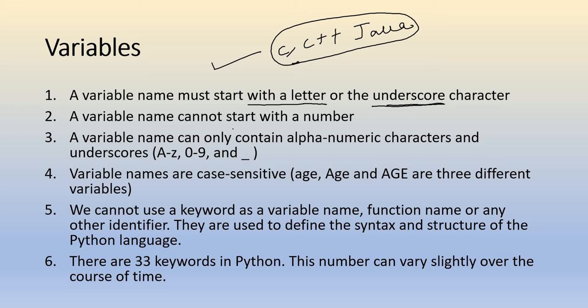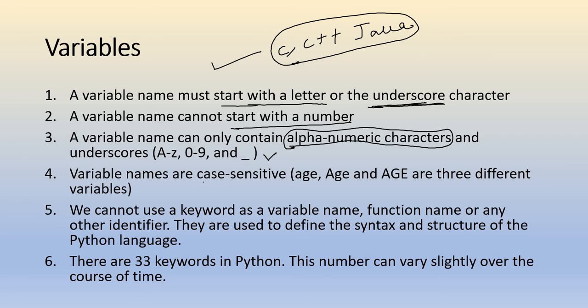A variable name cannot start with a number, it should start with a letter, and except underscore no other special characters are allowed. It may contain alphanumeric characters but does not contain any special characters; it never allows any special characters except the underscore.